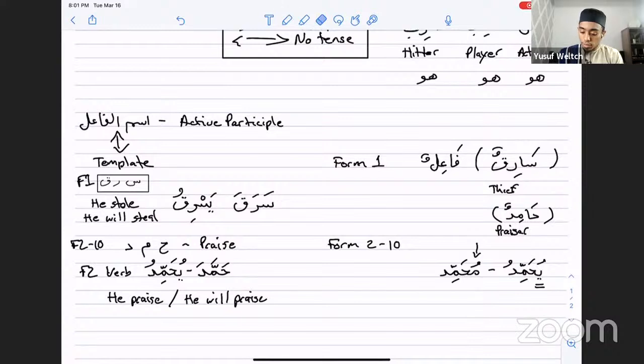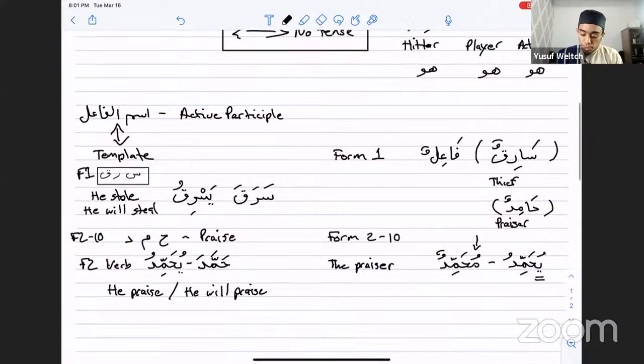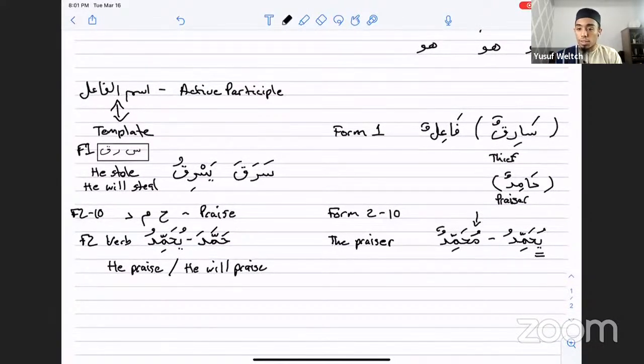Okay, so we change yuhammidu to muhammidu, but then we just add the tanween. So muhammidun, essentially the same thing, praiser, because hamida yahmadu form 1 and hammada yuhammidu essentially mean the same thing. So the praiser, it's the person. There's an action going on, which is praising.